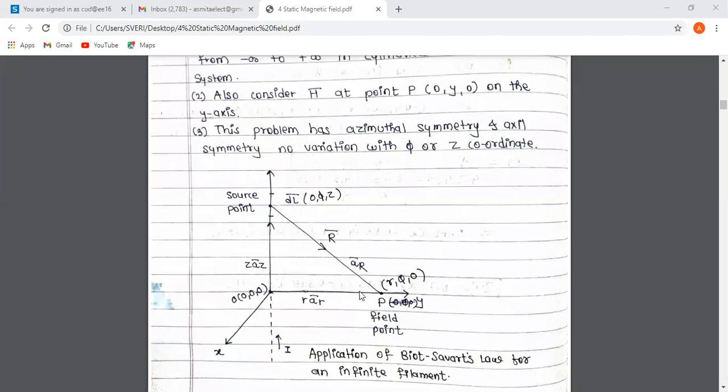So this point P will have some radius from this z-axis, because if we consider the cylindrical coordinate system, that time we are placing that cylinder considering the z-axis as the center of that cylinder. So the point P will be considered as the radius of that cylinder. So r coordinate will be present there. Then second coordinate is phi.